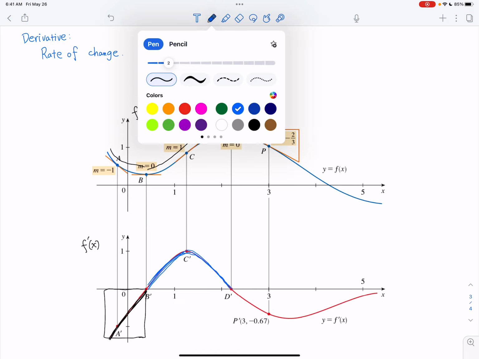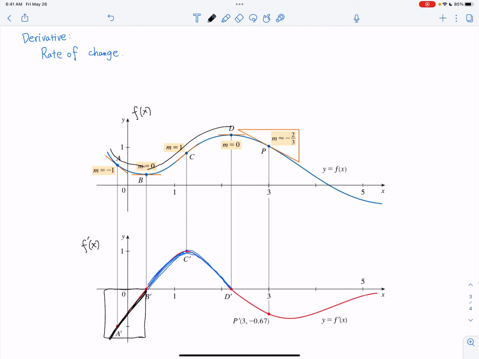It's how fast the function changes. If the rate of change is large, that means the function is changing very fast. So that means it's very steep. If you look at the function, it is very steep.